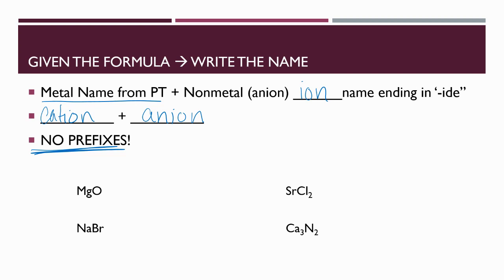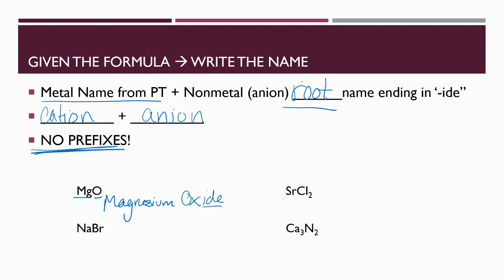So MgO, the metal there is magnesium. The nonmetal is oxygen. Oh, I'm silly, this should be root. We use the root name. So the root of oxygen is really just ox, and then we change that ending to "ide."